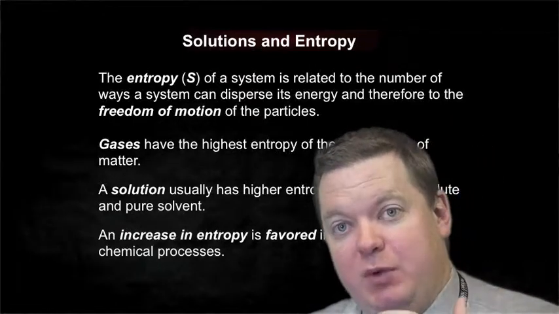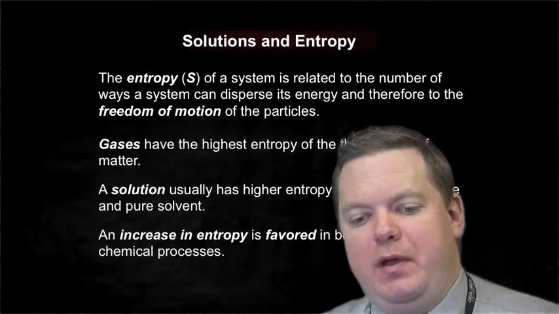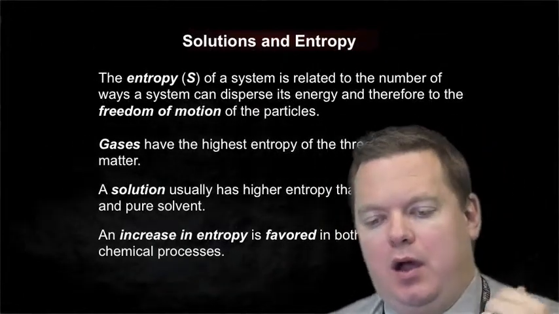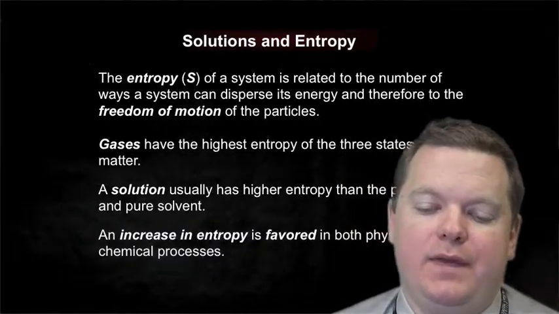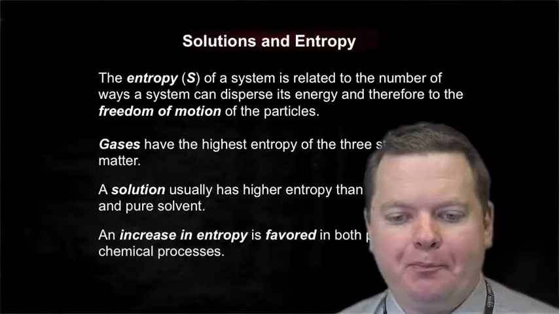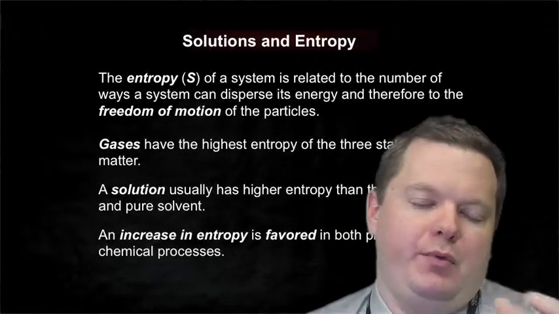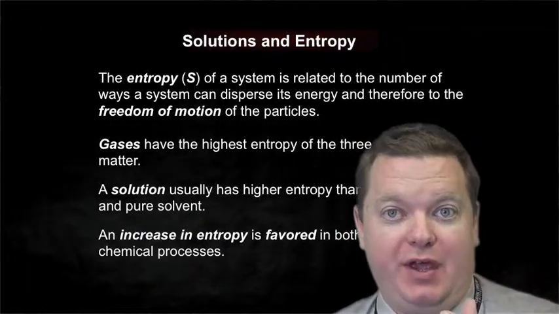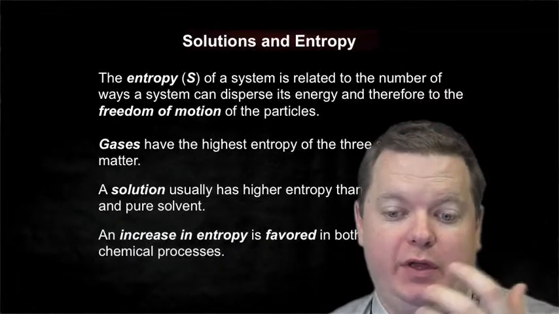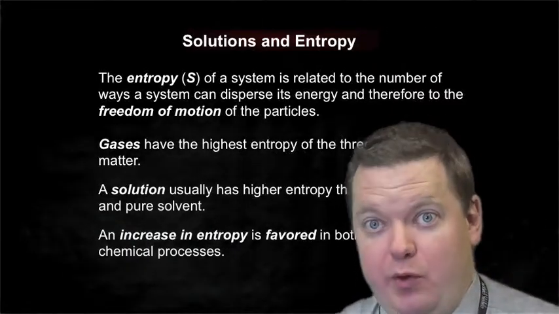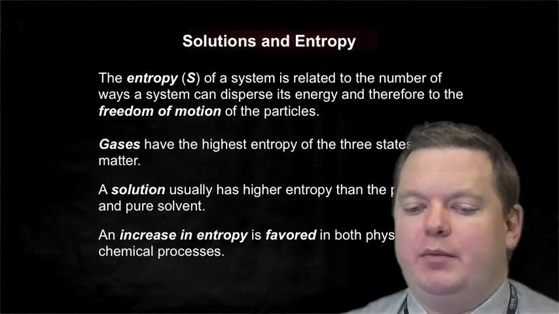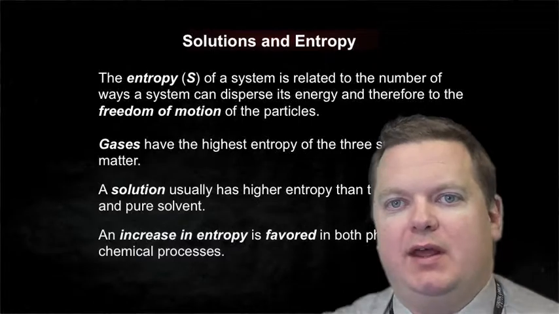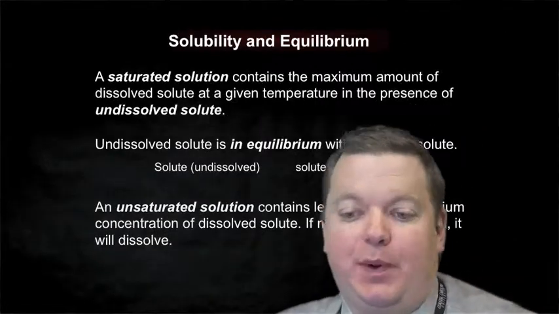So every time we form a solution, we get an increase in entropy, which is favored both physically and in chemical processes. When we dissolve ionic things in water, we get both thermodynamic variables: the delta H of hydration is exothermic, which typically means the whole process is exothermic, and we also have an increase in entropy, so we're driving it towards spontaneity.